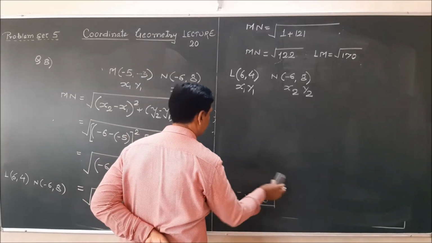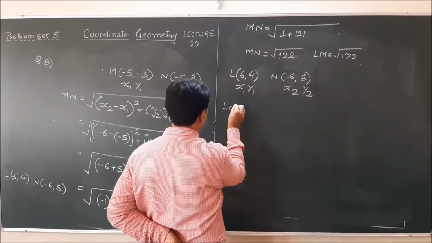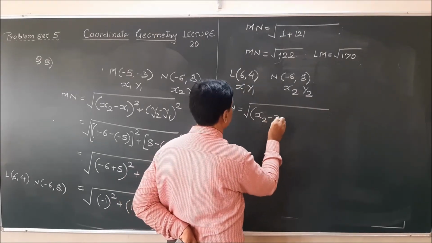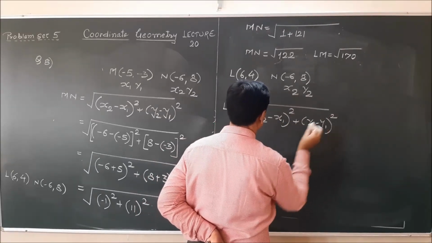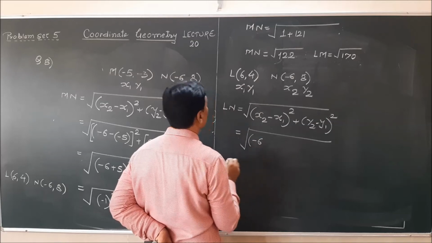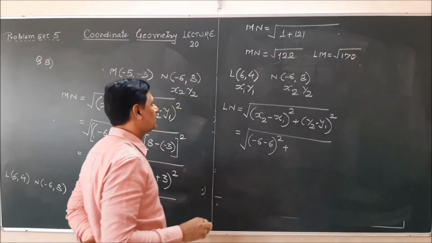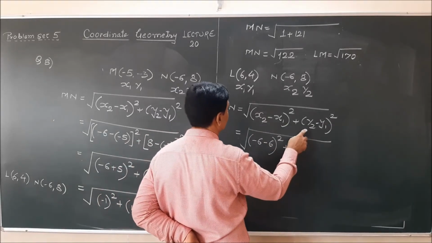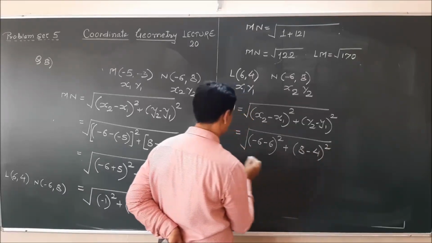Then by distance formula, LN is equal to root of (x2 minus x1) the whole square plus (y2 minus y1) the whole square, that is equal to root of minus 6 minus 6, that is minus 12, the whole square plus 8 minus 4, the whole square.